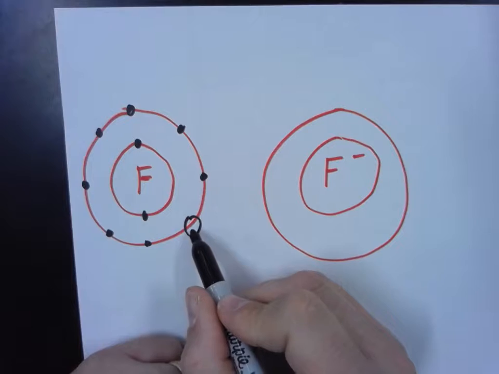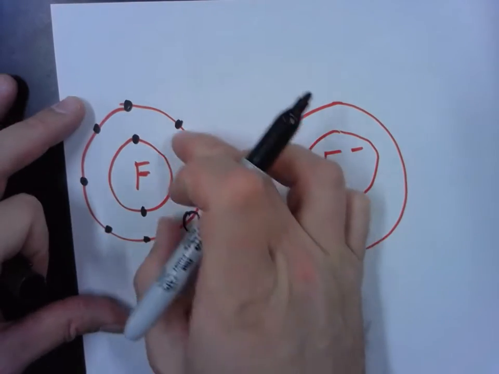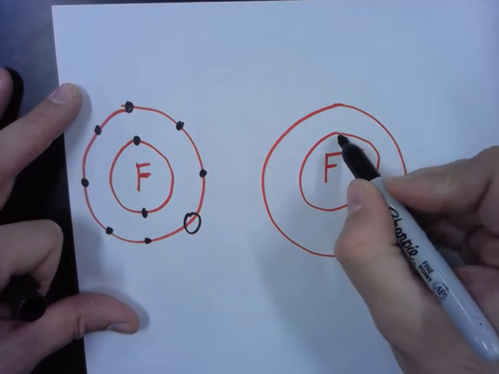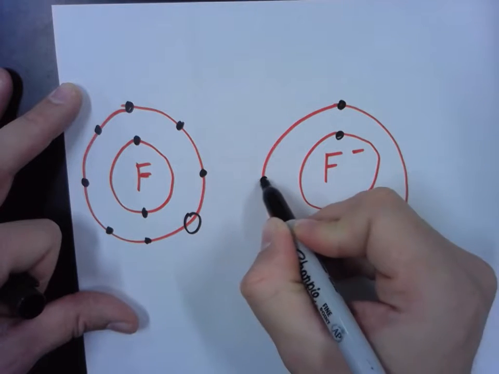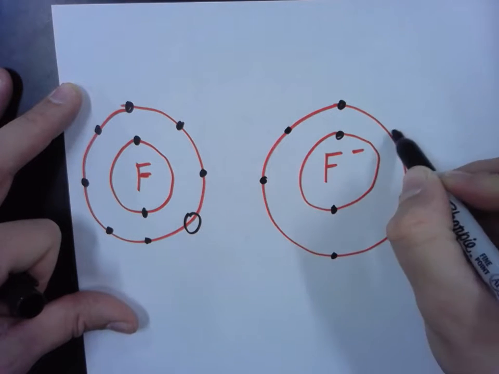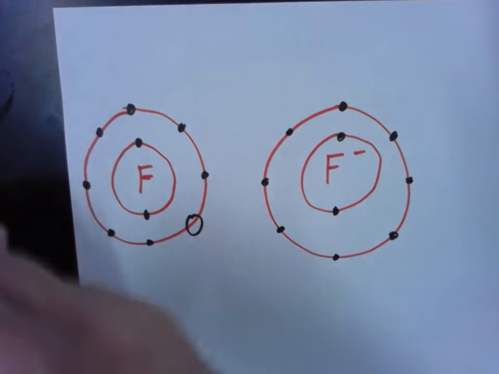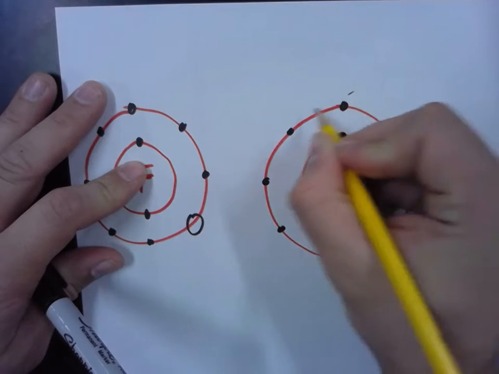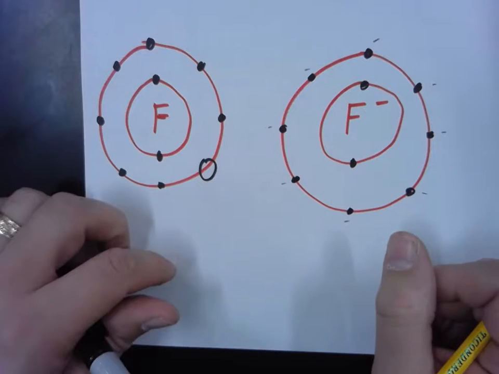Although it becomes more stable, I've got more electrons in the shell, and each one of those electrons has a negative charge, correct? So if I add 1 more electron here, all of these electrons now have negative charges, so there's more negative charges interacting with each other. And what do like charges do? They repel each other.